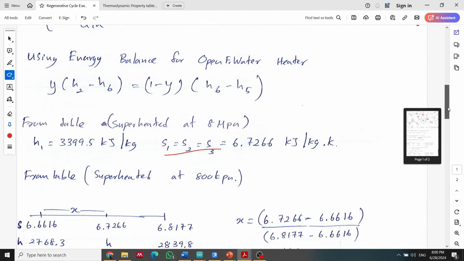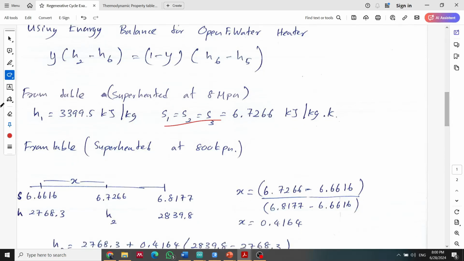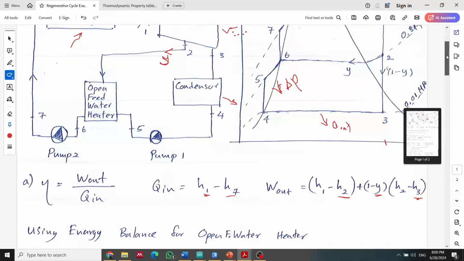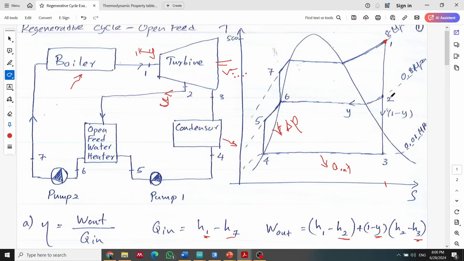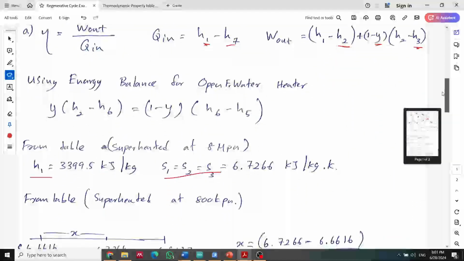Then the next thing is to find H2, since we know H1. How to approach that is using the entropy value. We know the S value here, so we can refer to that entropy value in the table to figure out the enthalpy value.